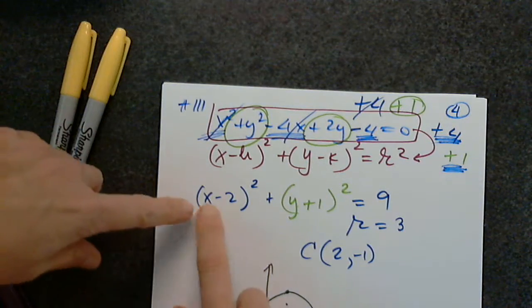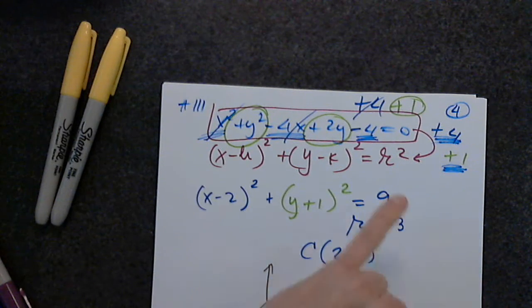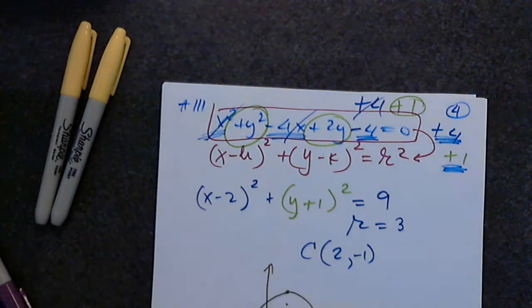When you square x minus 2 squared, the first term squared minus 2 times the first times the second plus the second term squared. That's why, because this is very important. So that's why we need the positive 4 and we cannot use the negative 4. Does it make sense?